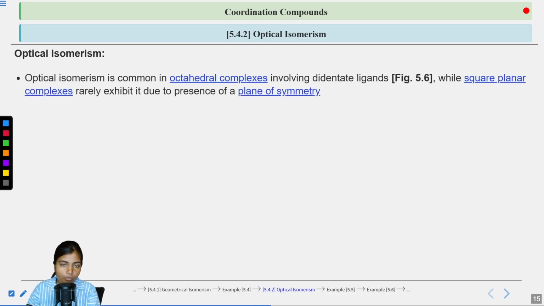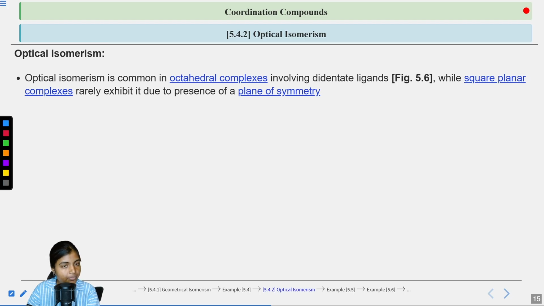Optical isomerism is common in octahedral complexes involving bidentate ligands, which you will see in figure 5.6, while square planar complexes rarely exhibit it due to the presence of a plane of symmetry.